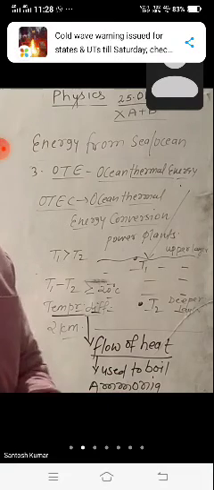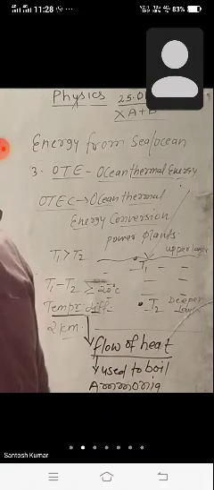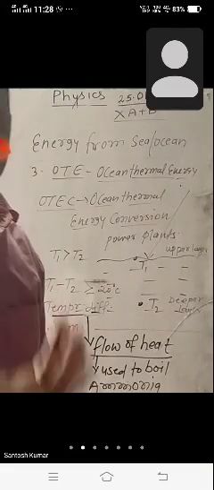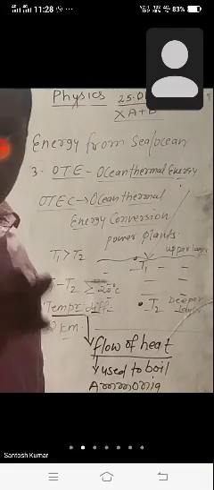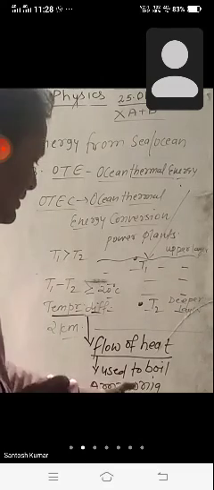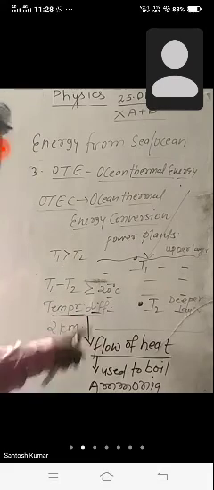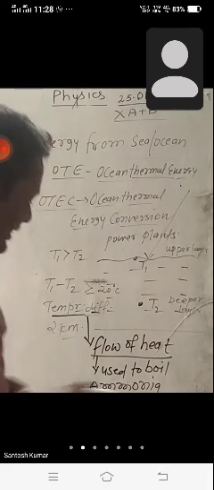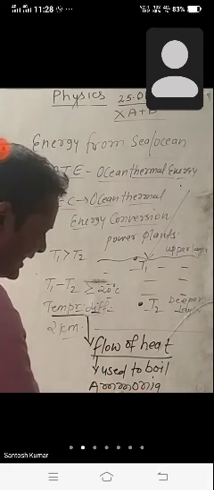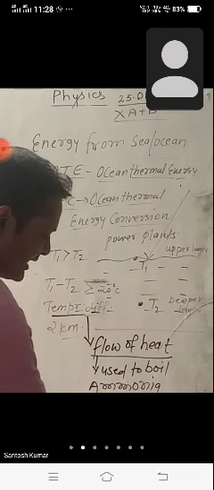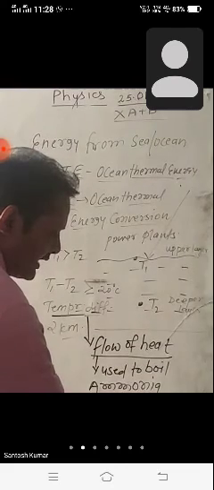You will say, sir, why is ammonia being boiled? Because this temperature difference is very small. If you boil water, it requires at least 100 degrees. It means the boiling point of ammonia is lower. So this heat is used to boil ammonia, and when this ammonia boils, it is converted into vapors or steam.